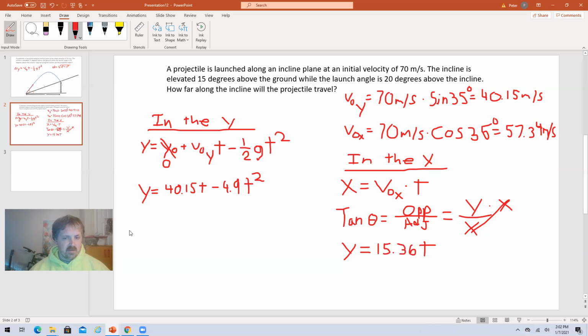What we know then, as a fact, is that 40.15 t minus 4.9 t squared is equal to 15.36 t.